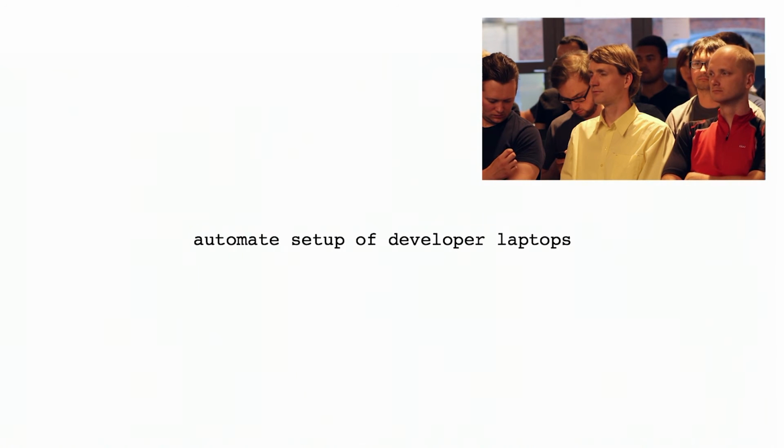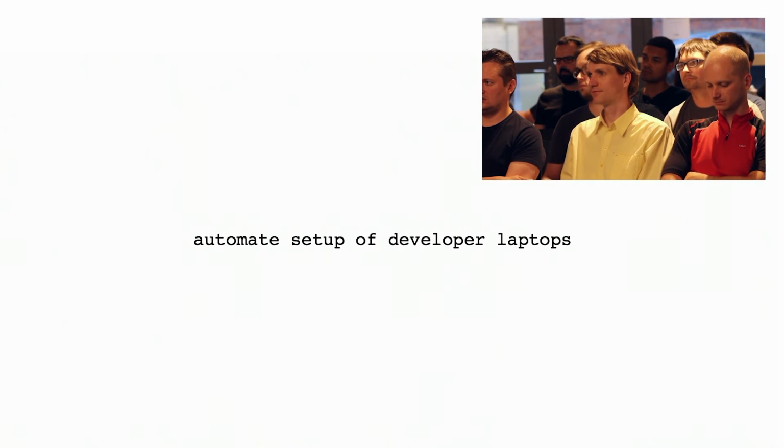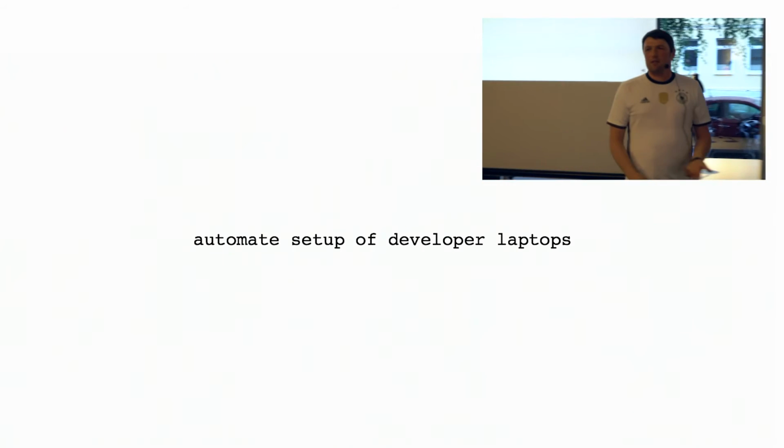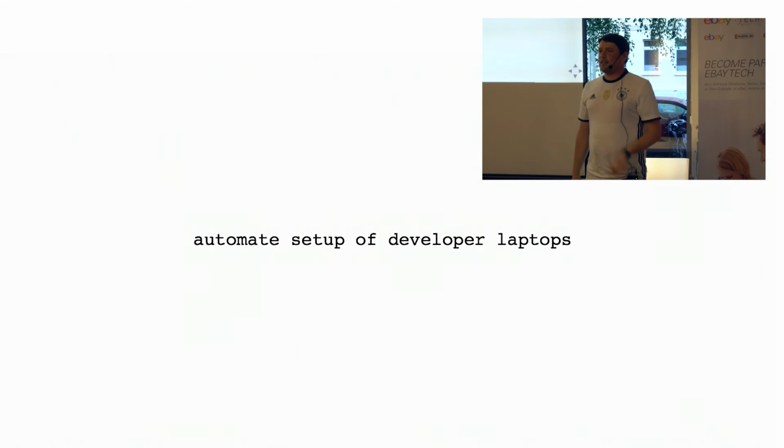Some services are running on Node.js, some are on Java, so you need 2 runtimes. And there are a couple of other things. Each service you depend on, you need the service, you need its database, eventually additional stuff it is using. So for a single service you want to work on, setting up the developer laptop becomes more tricky.